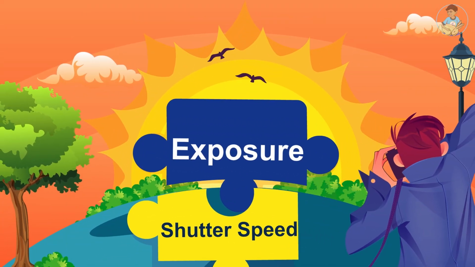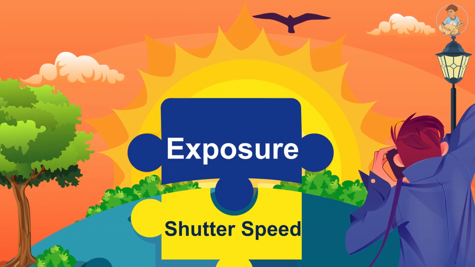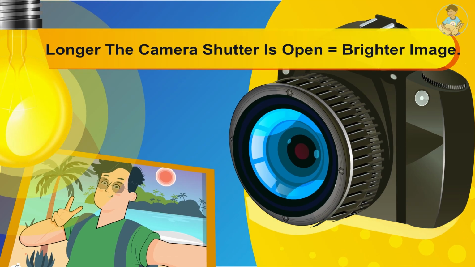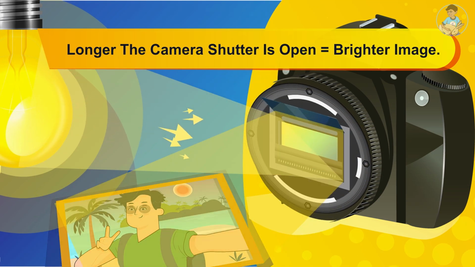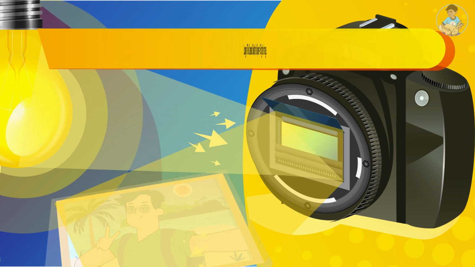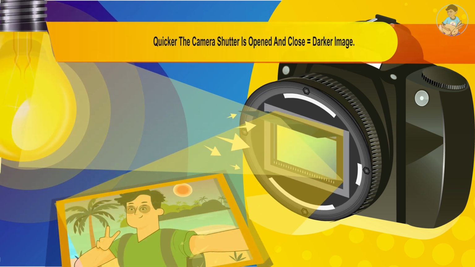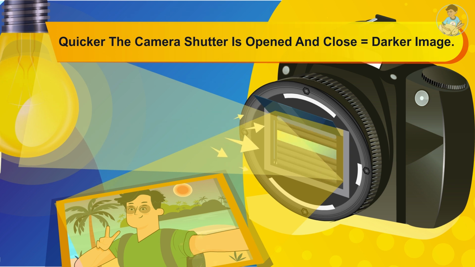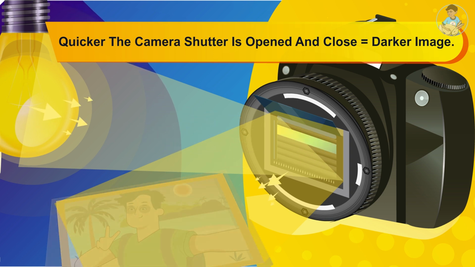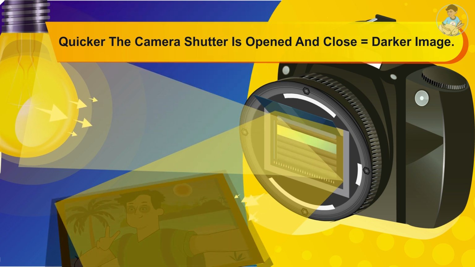Exposure and shutter speed are related to each other. The longer the camera shutter is open, the brighter the image will be. Similarly, the quicker the shutter is opened and closed, the less light will hit the camera sensor. This will result in a darker image.